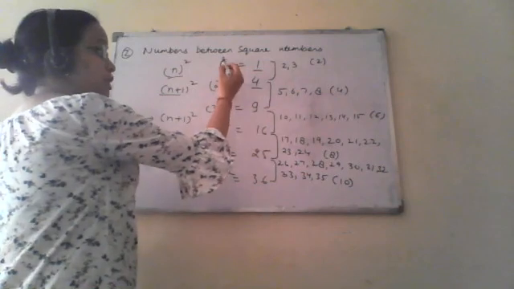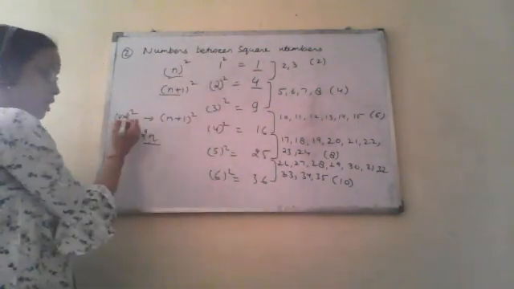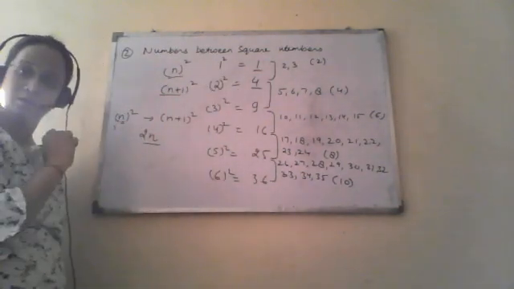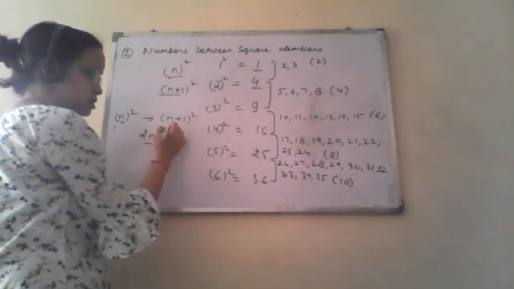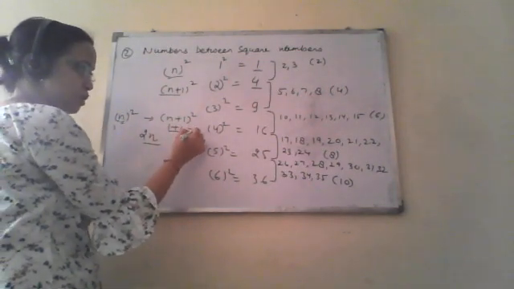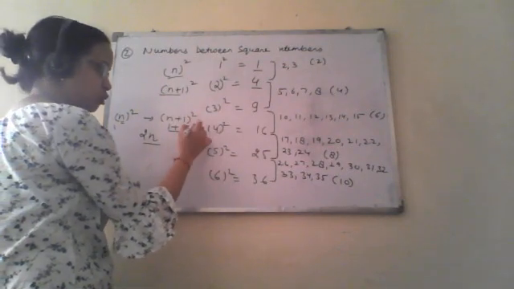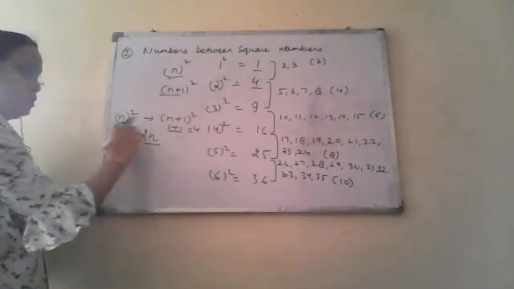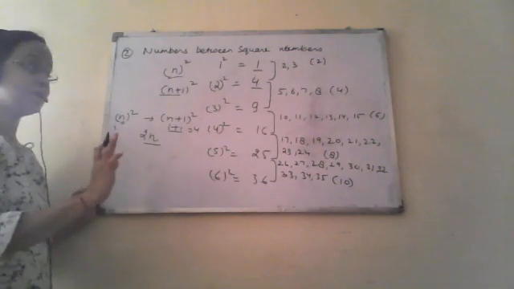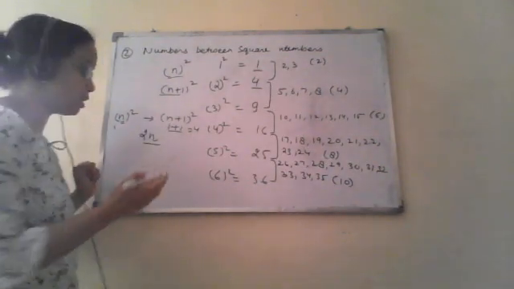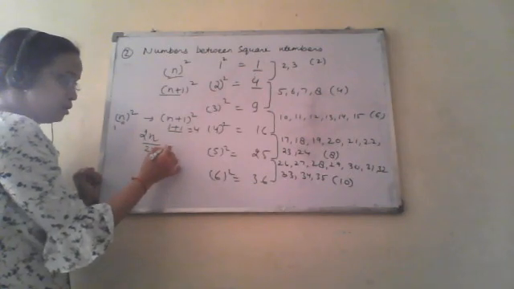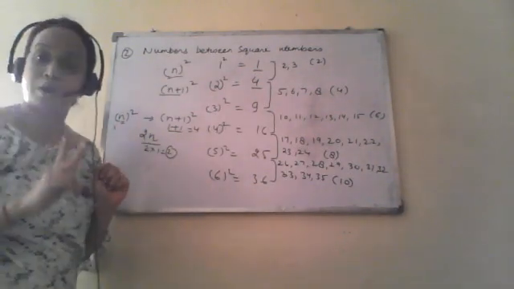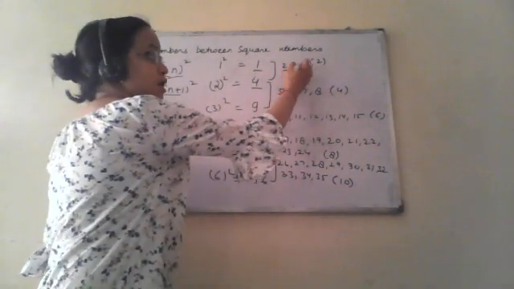See, here the value of n is 1. 1 squared is 1. n plus 1 is 1 plus 1, that is 2, and 2 squared comes out to be 4. So between 1 and 4, how many non-square numbers are there? That is 2, and here n was 1, that is 2 into 1. There are 2 non-square numbers, see, 2 and 3.